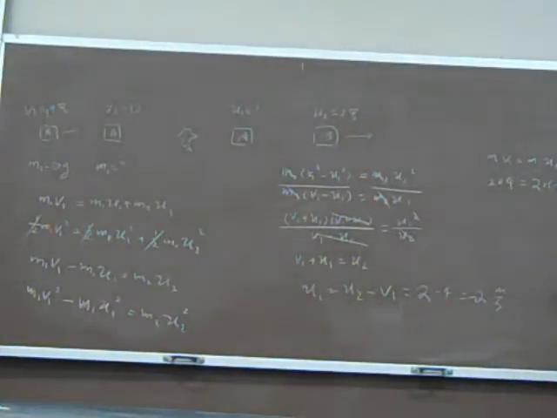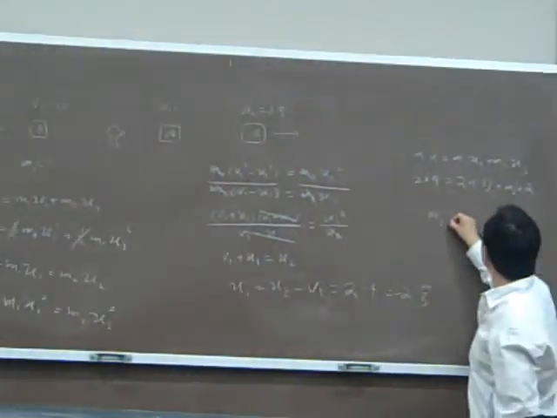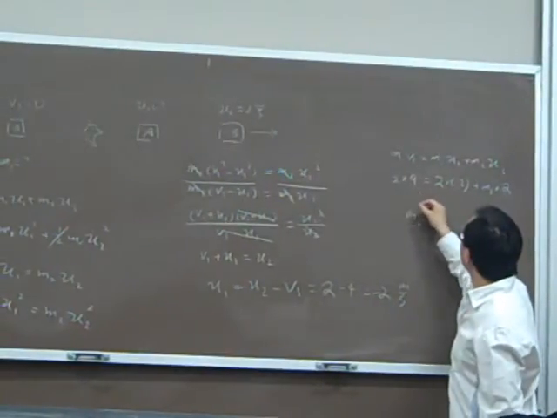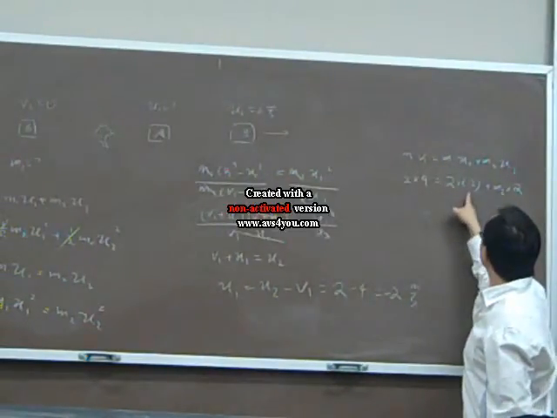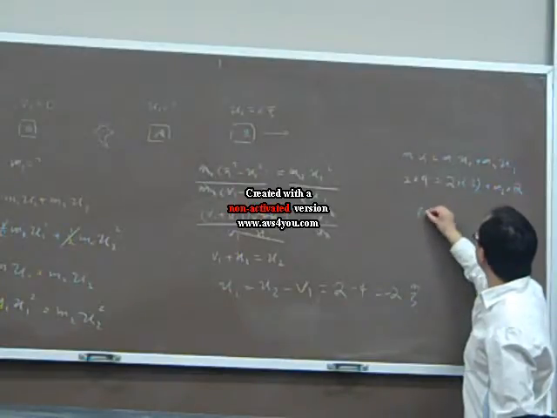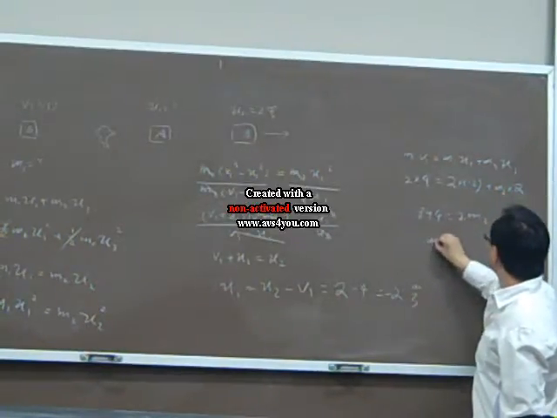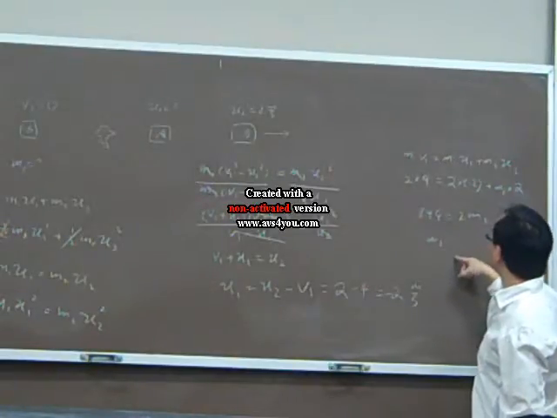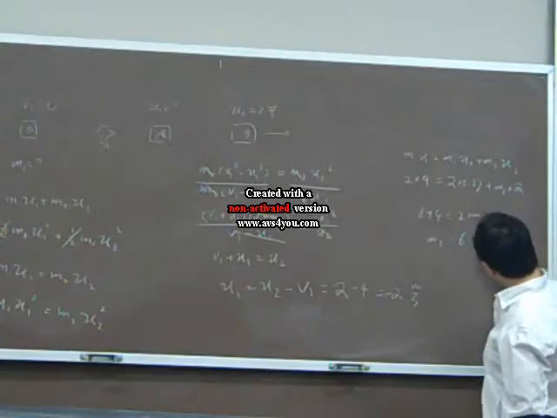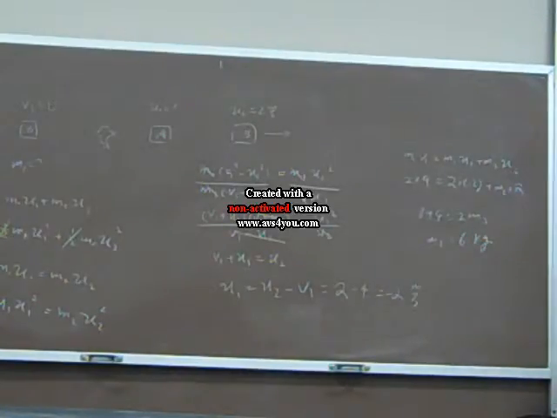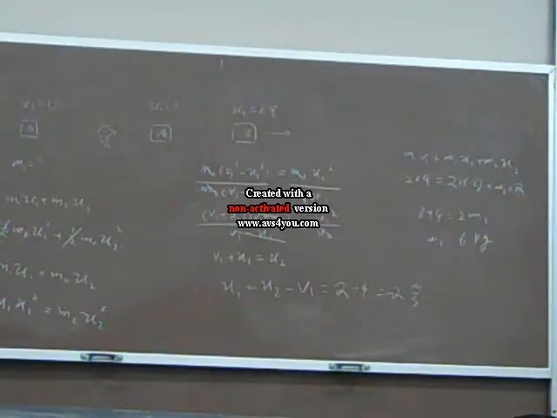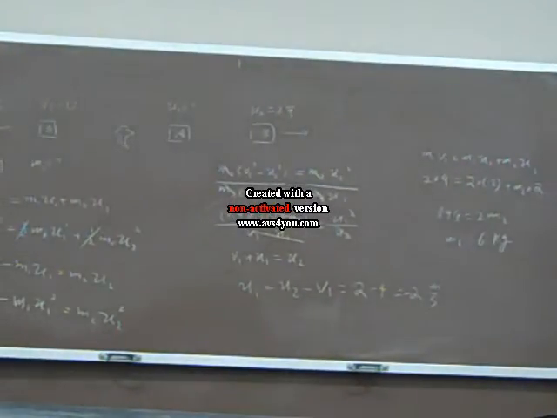U2 is 2. So M2 equals, okay, this is 8, this is 4. 8 plus 4 equals 2 M2. So M2 equals 6 kilograms. So that's the mass. Okay?